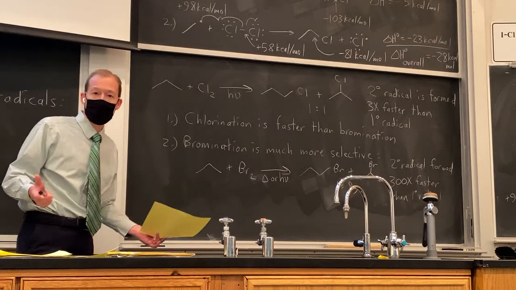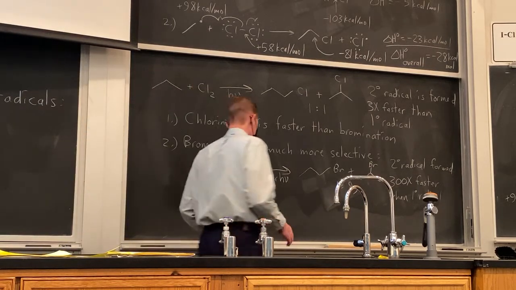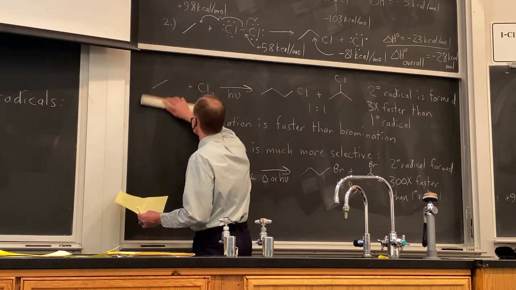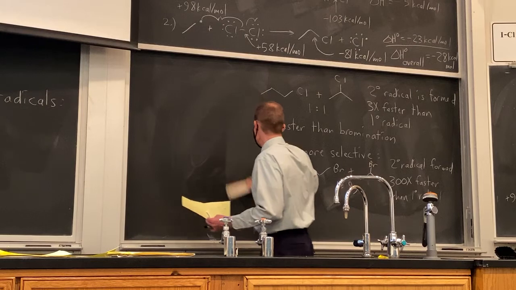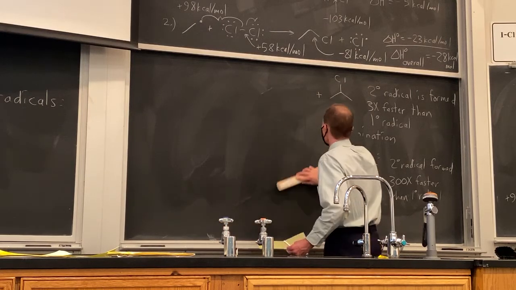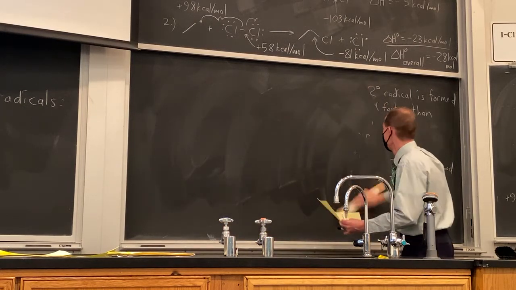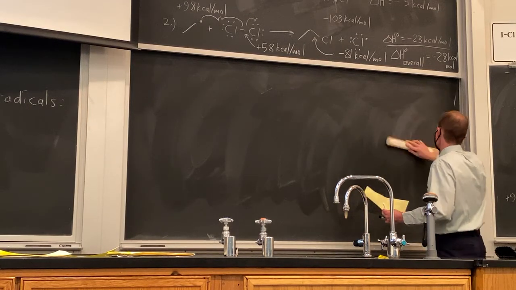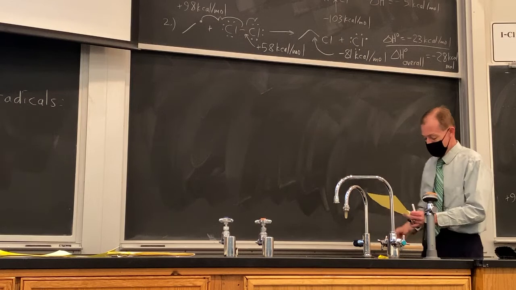But what would you use these reactions for in the real world in terms of multi-step synthesis? So bromination and chlorination are quite useful because they allow us to convert alkanes into alkyl halides.